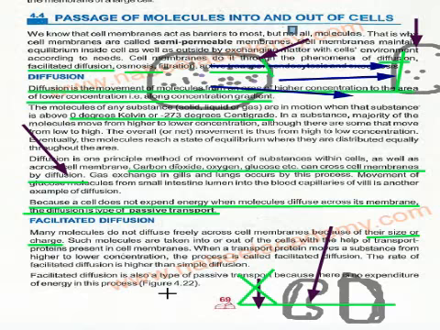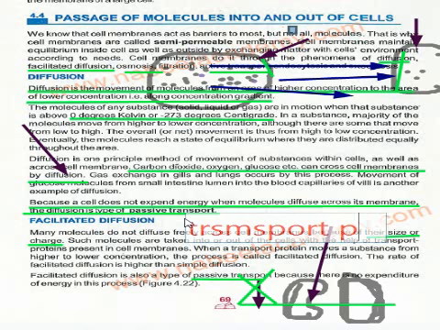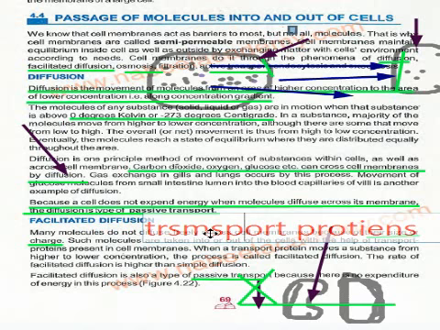Facilitated diffusion is also a type of passive transport. Both of them are passive transport, and both of them are diffusion. But in case of facilitated diffusion, what is the difference? You use transport proteins.